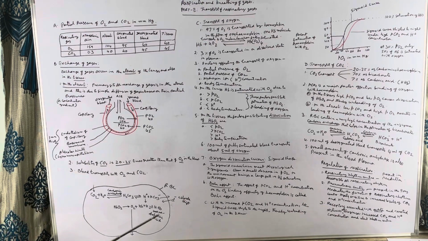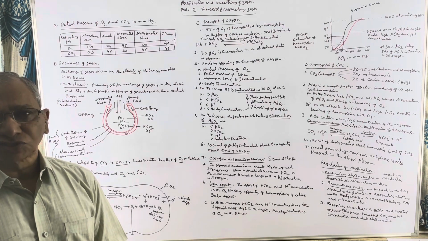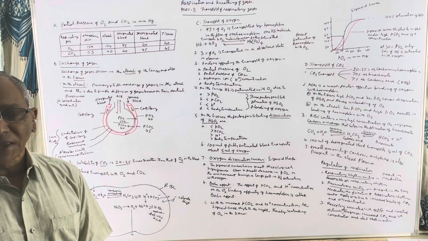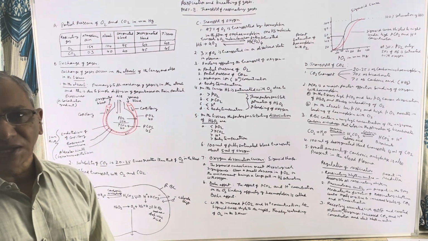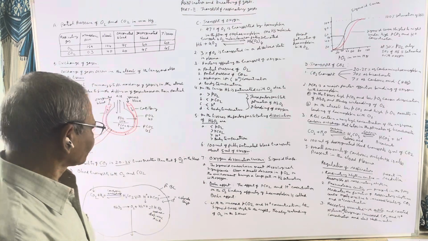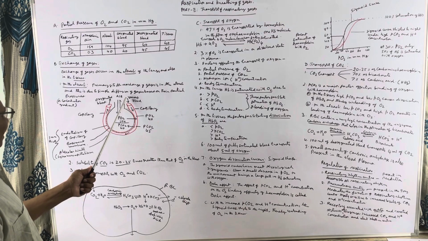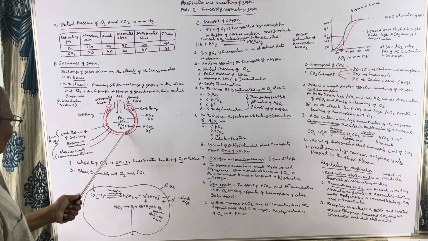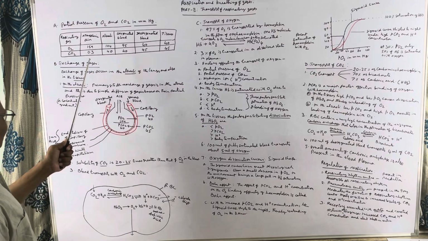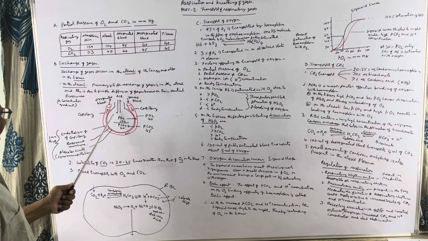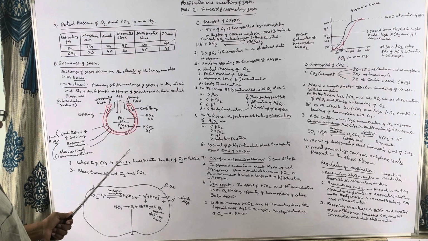But these three layers are very thin. All the three layers constitute only 1 mm thickness. So it is very thin and gases can travel easily through this membrane. Then, venous blood flows through the capillary like this, and after oxygenation, oxygenated blood comes out like this. So in the alveoli, the PO2 is 104 mmHg.